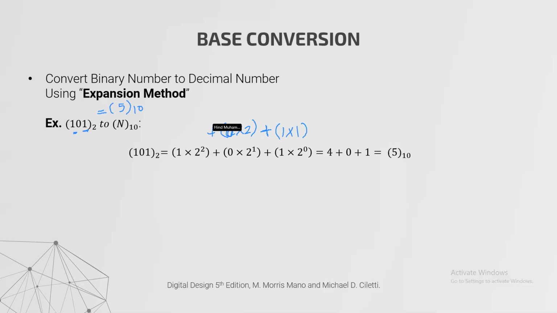The third place is 1, and it is the fourth place, so 1 multiplied by 4. So we now have 4 plus 0 plus 1, which is 5 in decimal.